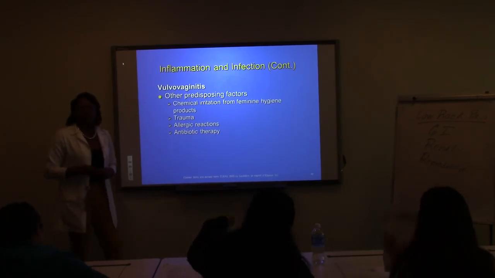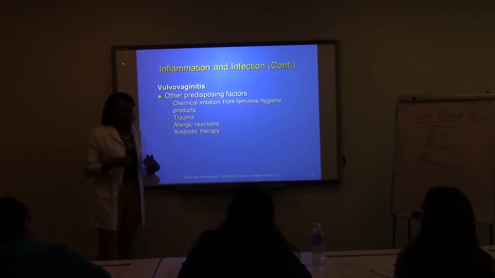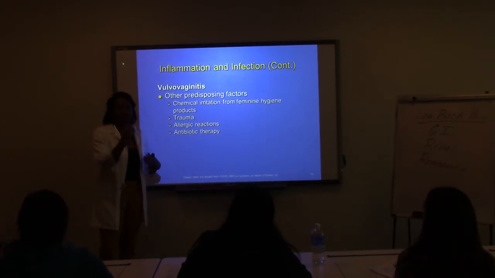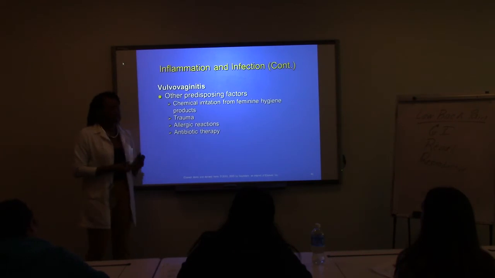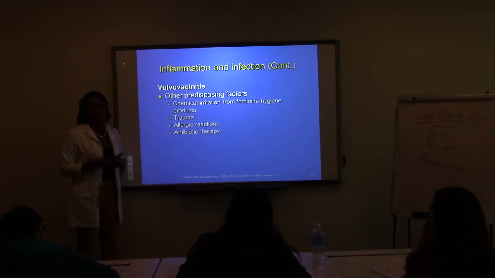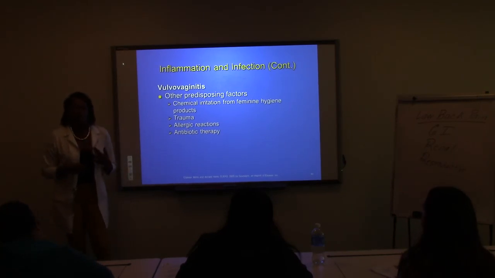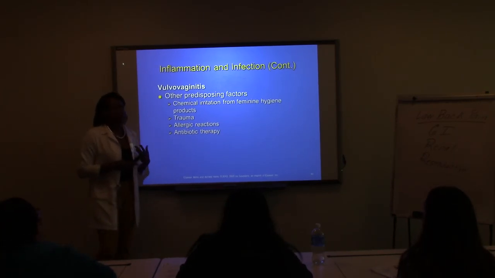If a person doesn't have an organism causing this infection, sometimes it can be things that they're using. Chemical irritation from feminine products like tampons can definitely cause that type of irritation. Trauma to the area, allergic reactions, and under this could be dyes from clothing, detergents, even, believe it or not, latex condoms.